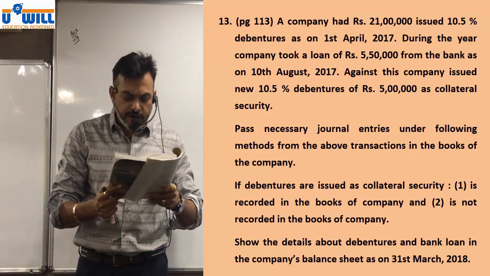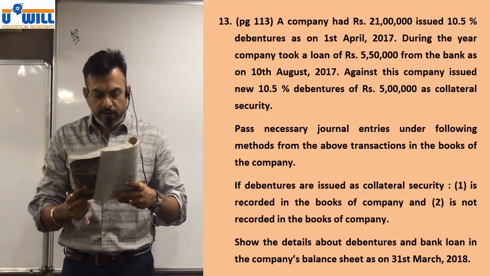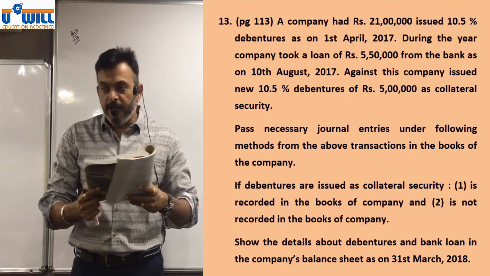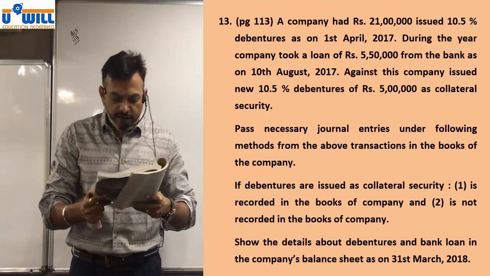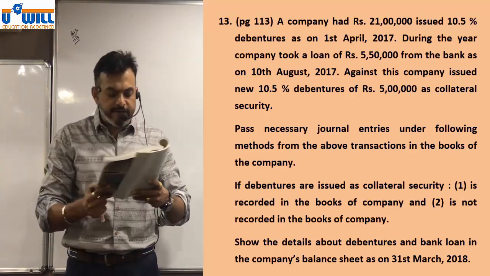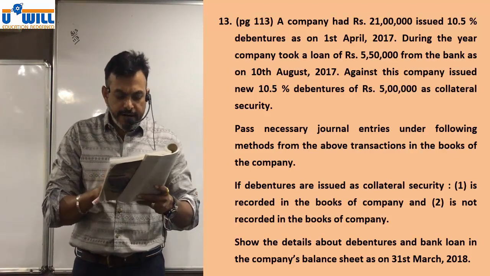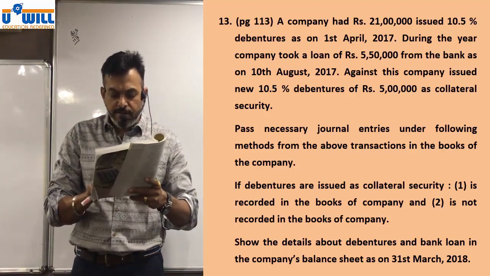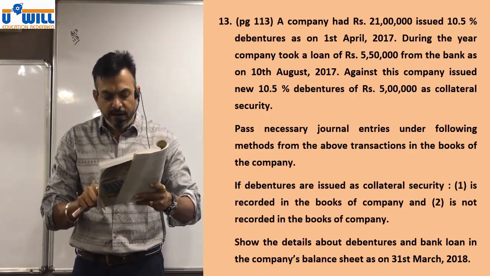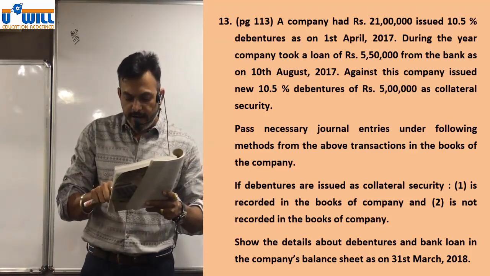Pass necessary journal entries under the following methods from the above transaction in the books of the company: if debentures are issued as collateral securities, first is recorded in the books of the company and second it is not recorded in the books of the company. Show the details about debentures and bank loan in the company's balance sheet as on 31st March 2018. Underline कर लेना.